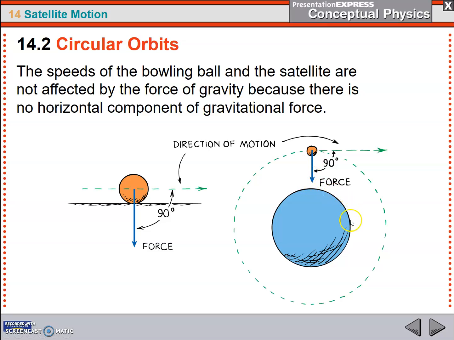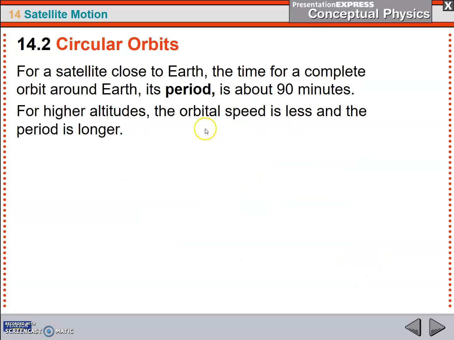And as you go around the Earth, so does the satellite. So if you're standing, it has to be on the equator. If you're standing on the equator and you look straight up, you can see that satellite standing still in the sky. It never moves. It looks just like a star.